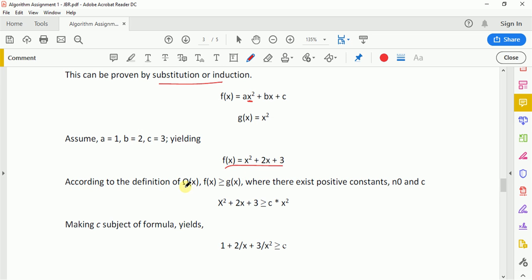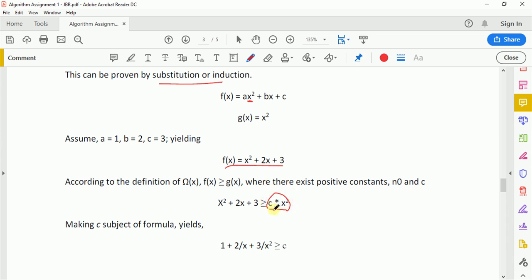According to the definition of big omega of x, f of x is greater than or equal to c times g of x, where there exist positive constants n0 and c. x squared plus 2x plus 3 is greater than or equal to c times x squared. Okay, so we're going to check if there exists any of such conditions.